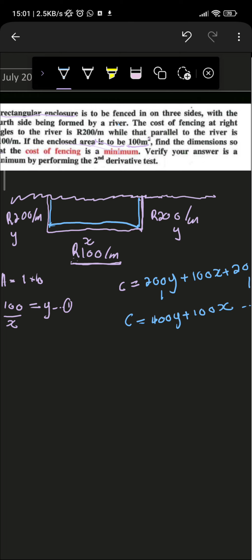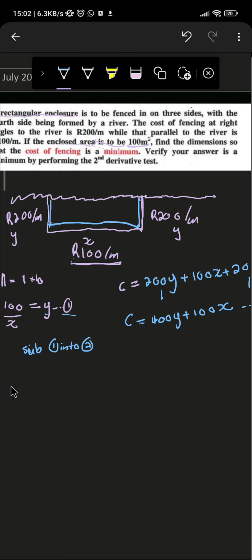So now what you must do, remember, they are asking you to find the dimension so that the cost of fencing is a minimum, right? So what you are going to do next is to substitute equation 1 into equation 2.